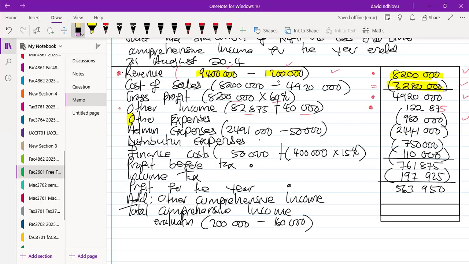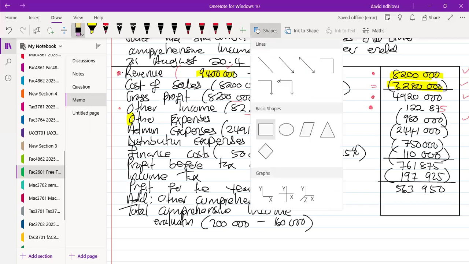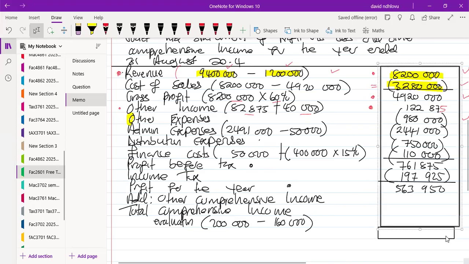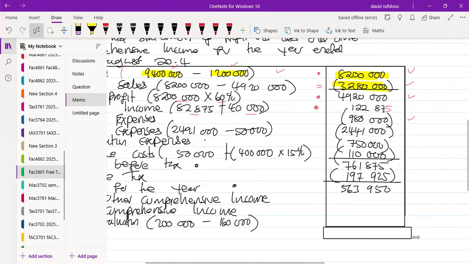Then let's just change a little bit here on our presentation so that we can complete like this. So what we then get is a figure of 40,000 here according to the calculation. So that's your revaluation surplus.